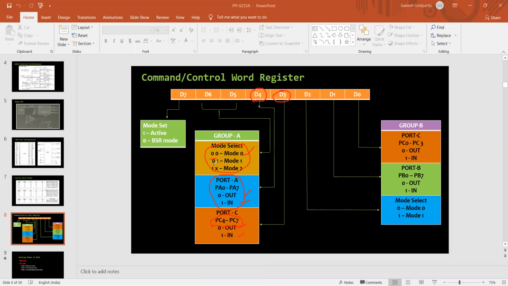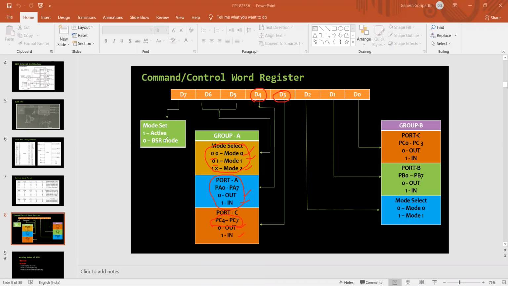If it is 0, 1, then it operates in mode 1. If D6 is 1 and D5 is either 0 or 1, then it operates in mode 2. That is about the group A control.